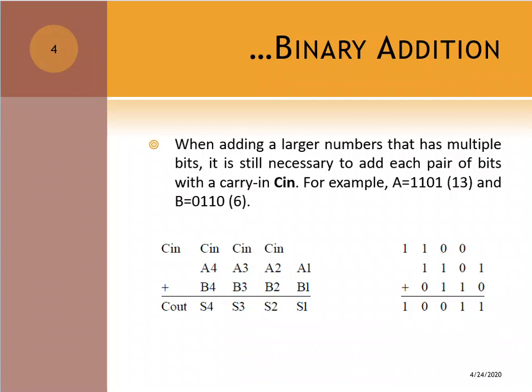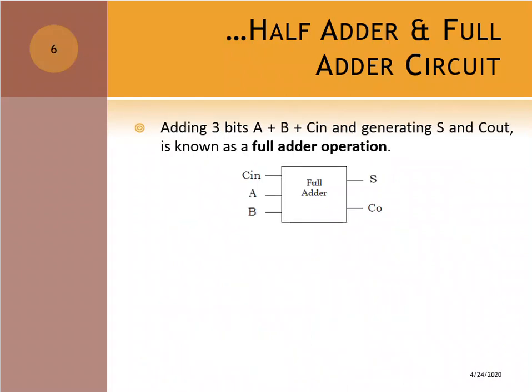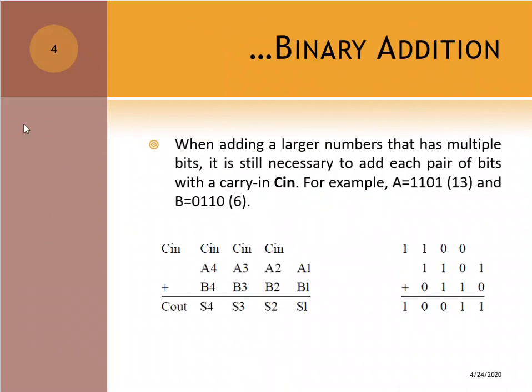So this is the full adder circuit. You're going to add C in here every time you want to add. You see from here, starting from the second column from your right, you're going to add with C in.